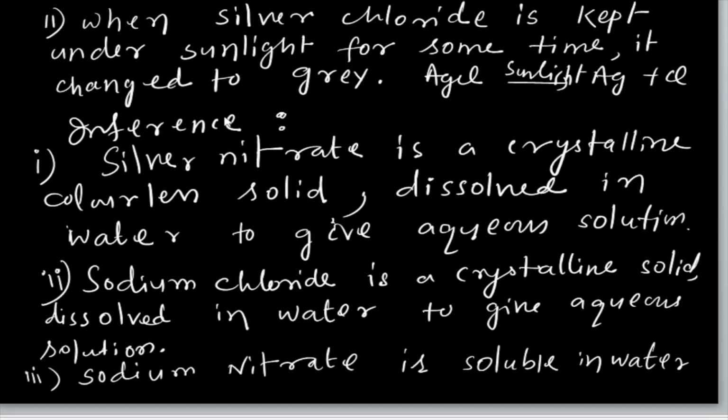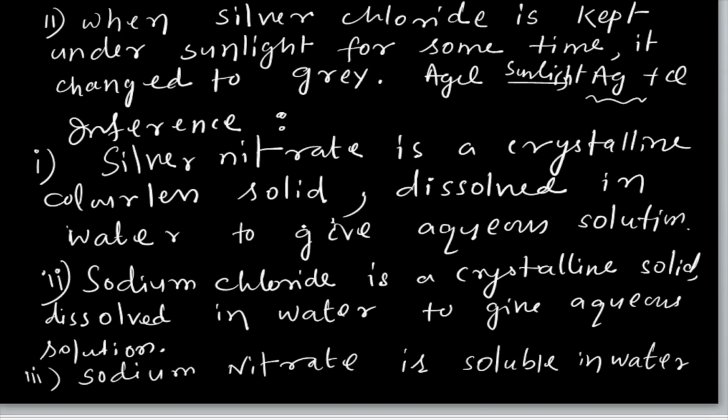When silver chloride is kept in front of sunlight for some time, it produces silver, which is shining and lastly changes to grey color. That means in sunlight, silver chloride dissociates into silver and chlorine. The silver is grey in color.